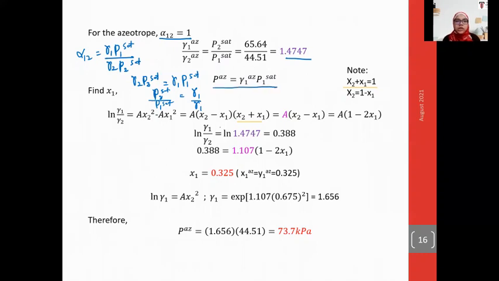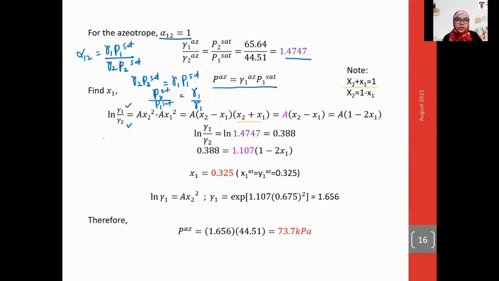By using this, you may determine the value of gamma_1 at the azeotrope. By differentiating the activity coefficients of components 1 and 2, we can have another correlation.